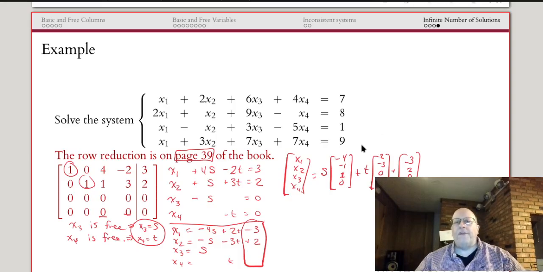And so this is a system that had 2 free variables, and so we needed 2 parameters.